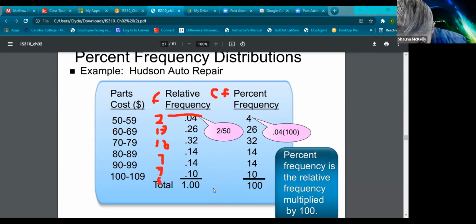Now, the way that you get your next cumulative frequency is you take this 2 right here and you add the frequency below it. So 2 plus 13, that'll give you 15.